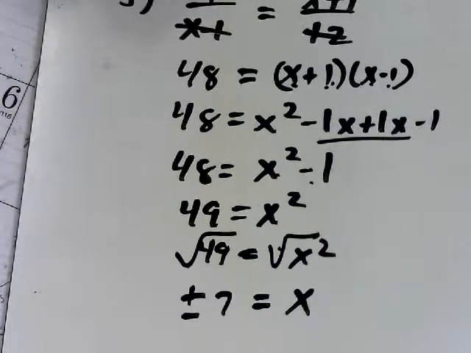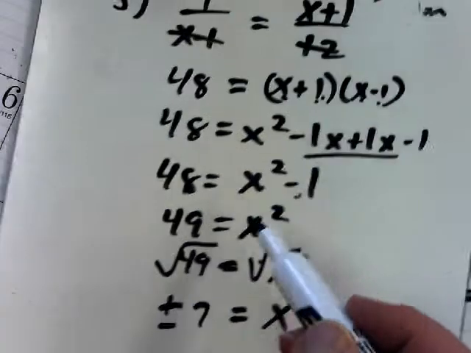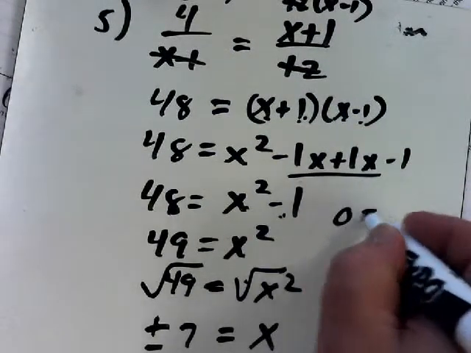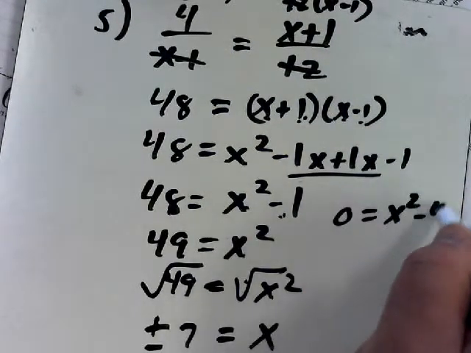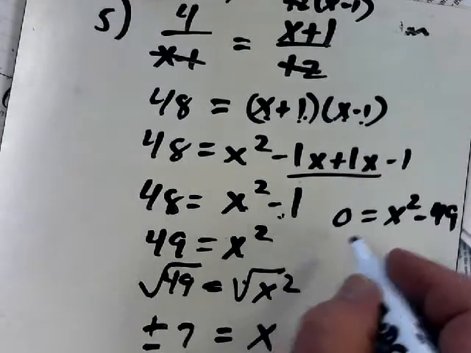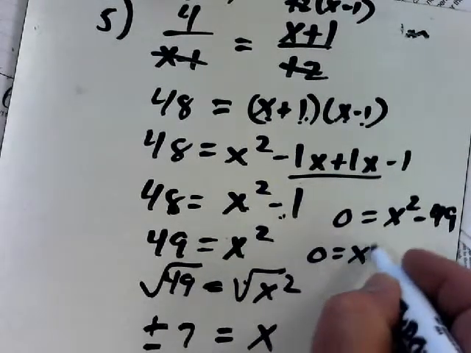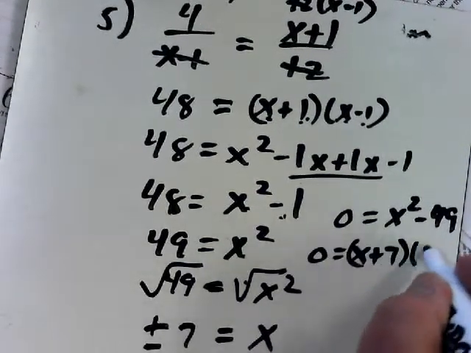If I don't want to do it that way, then I need to move this 48 over to here. So I could have 0 equals x squared minus 49. Which means that, difference of two perfect squares, would be x plus 7, x minus 7.